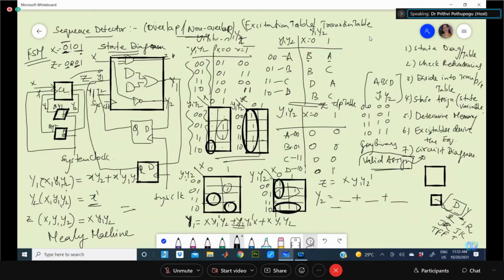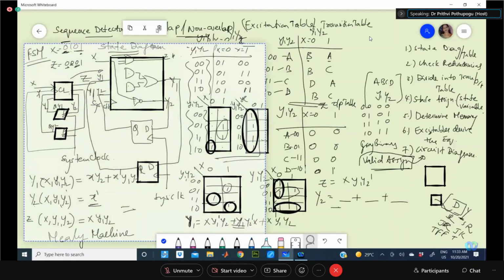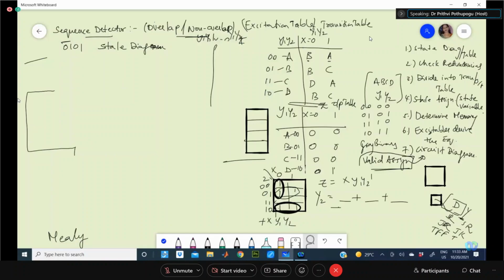If we need to design with a specific memory, say in place of a D flip-flop we need to implement it with an SR flip-flop or a JK flip-flop, then we need to take the help of the excitation tables. There comes the excitation table.